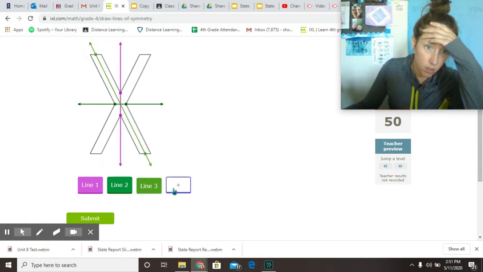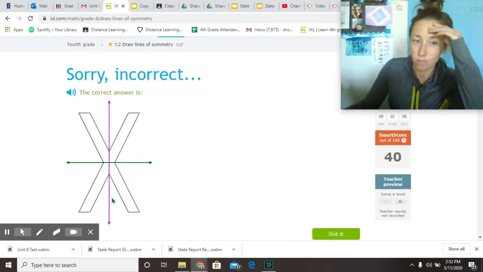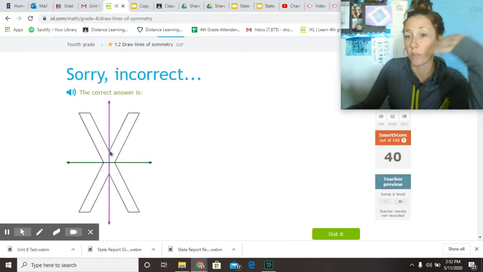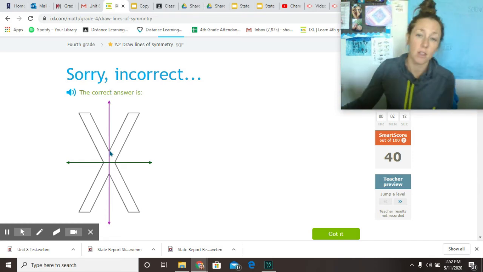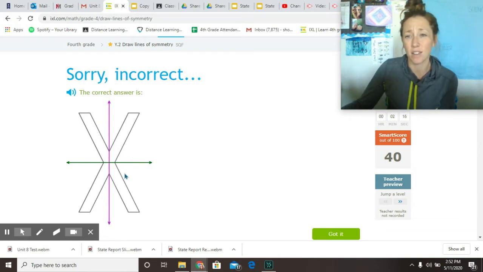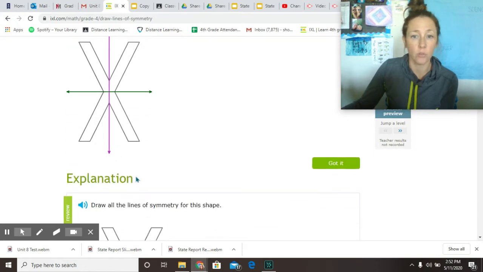Let's see. Nope. Right? Because I wouldn't be able to fold over the same. So make sure you read your explanations. I knew that was going to be wrong, but I just wanted to show, it's kind of like the cross, but I have these angles and things that make it so I can't fold it over and have it just the same.